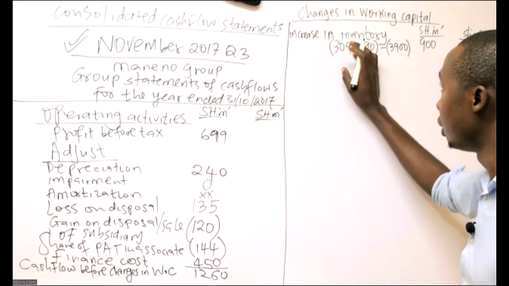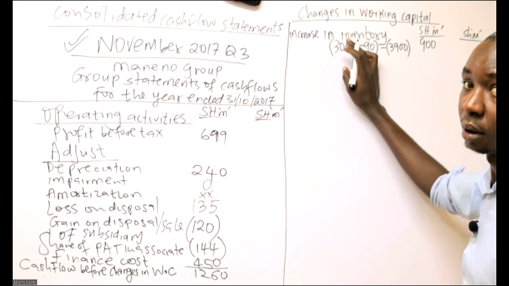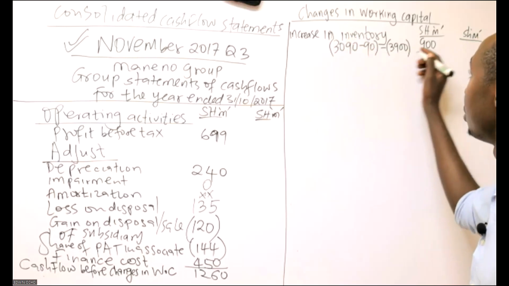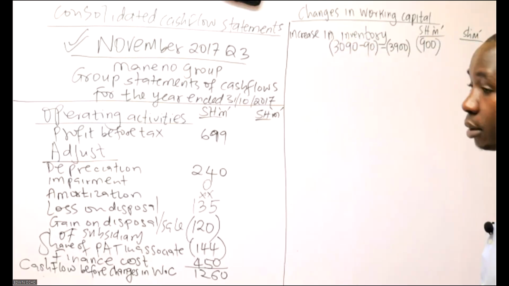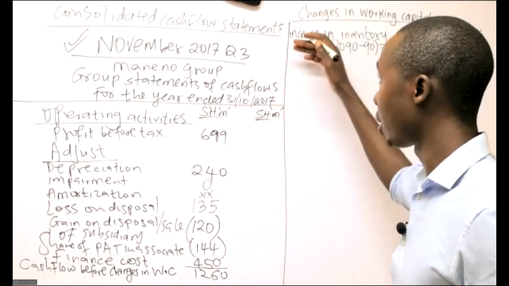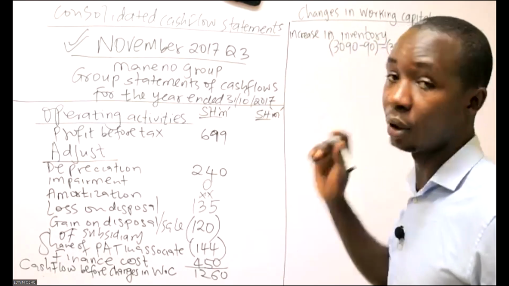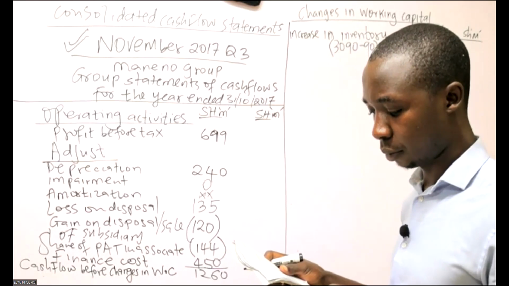Like now, when your inventory increases, this is an asset which is increasing, meaning that you purchased the stock. What happens to cash? You paid money. So this one you minus. So there's cash out because you purchased the stock. So from here henceforth, we talk about cash inflows or outflows. That is how I will be able to know that I'm adding or subtracting.